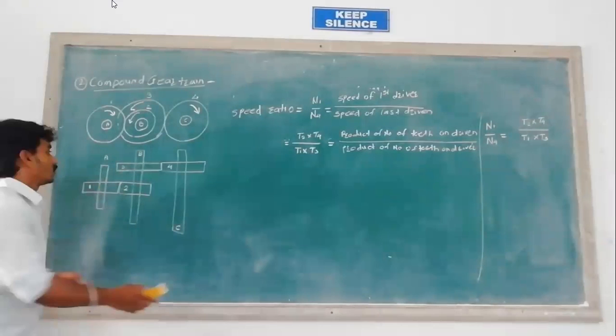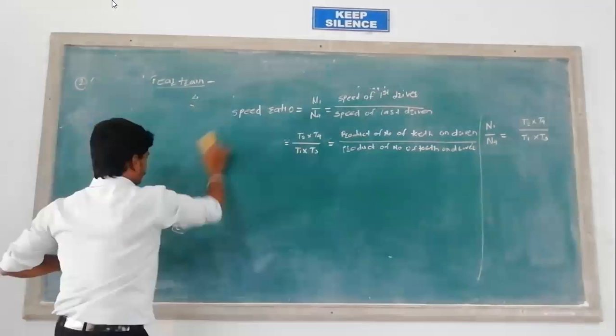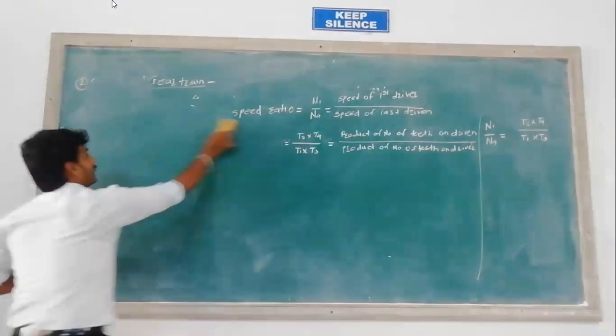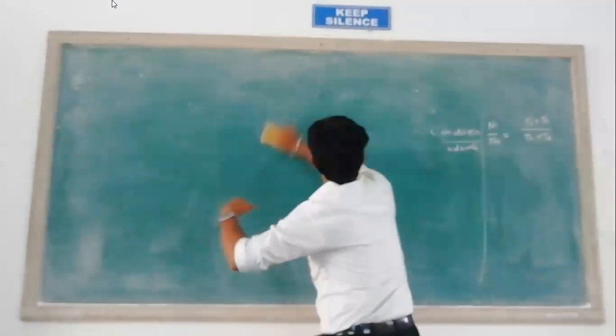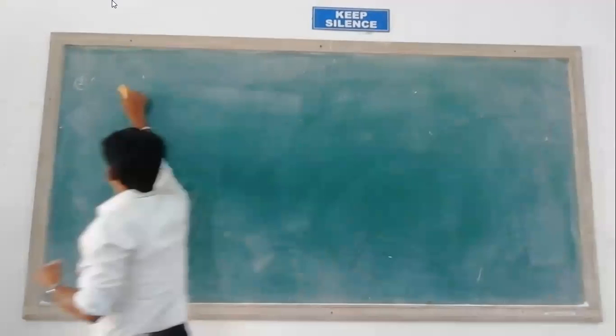Okay. So the next part of the gear train is the reverted gear train, the third type of the gear train.